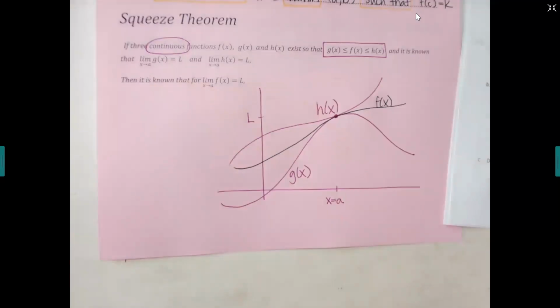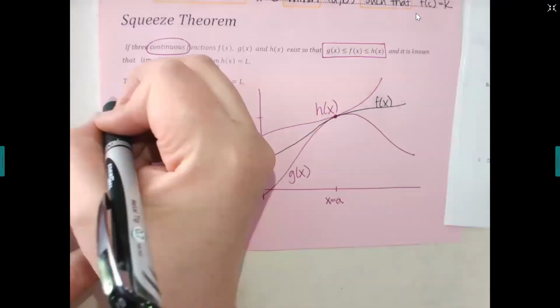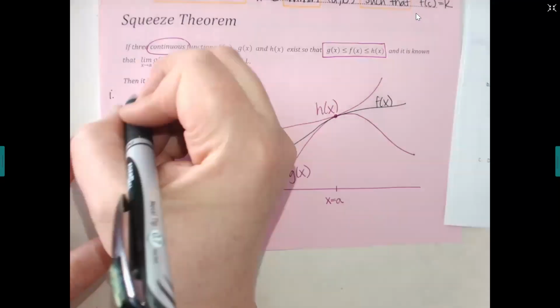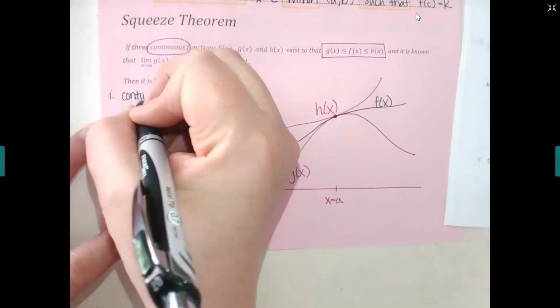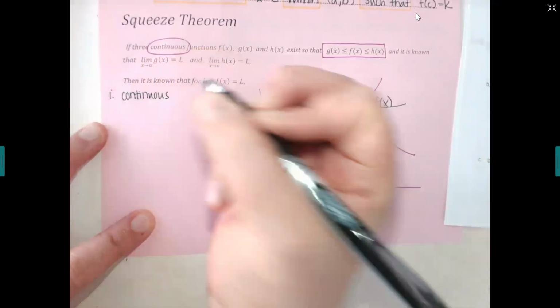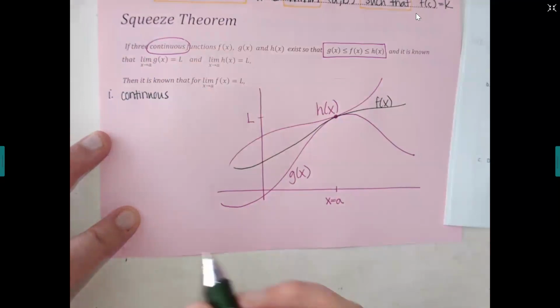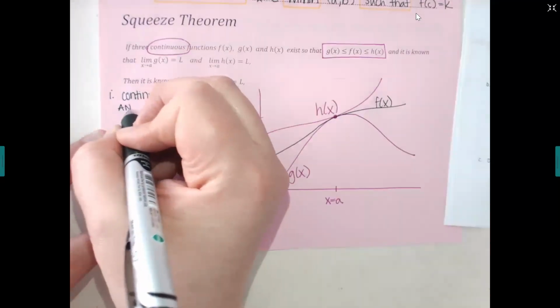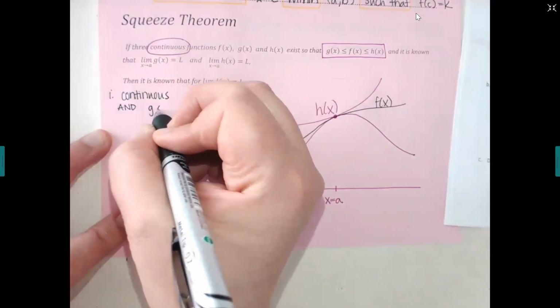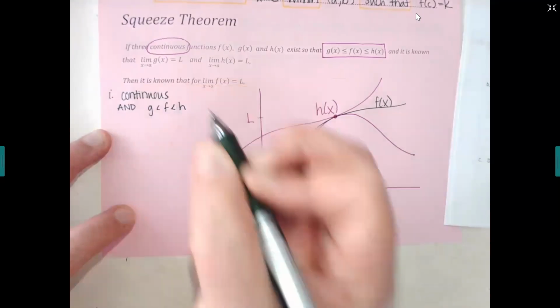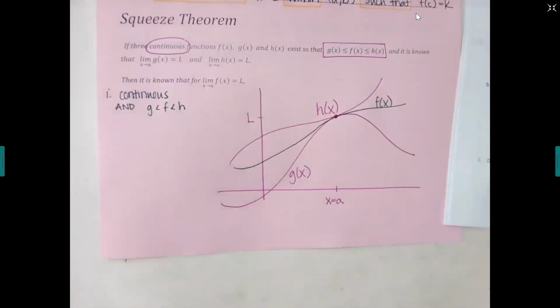Okay, so over here to the side for your steps. You're going to make sure that all of your functions are continuous. Okay, and remember that it also has to be true that your g is less than f less than h. Basically all that means is they're telling you f has to be between g and h.